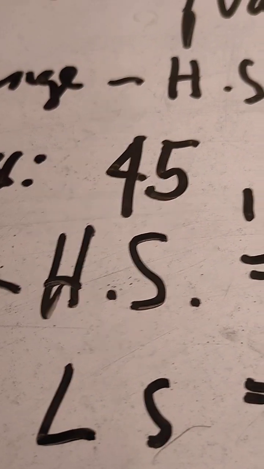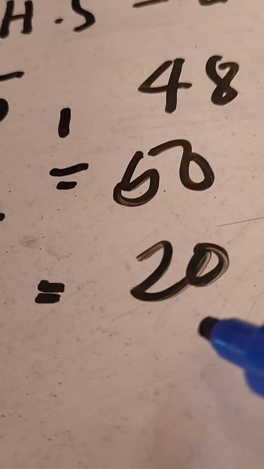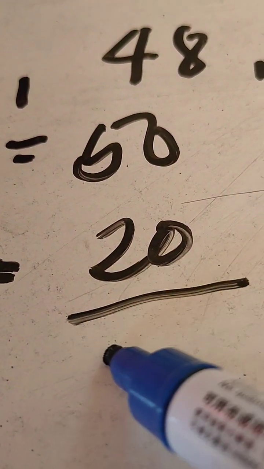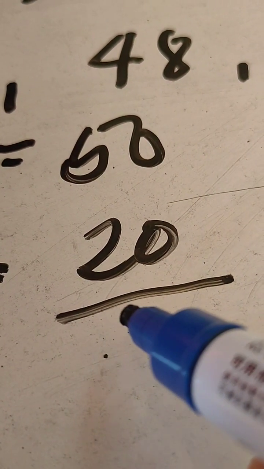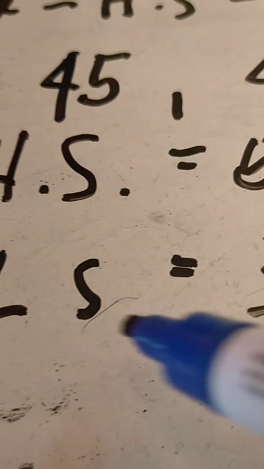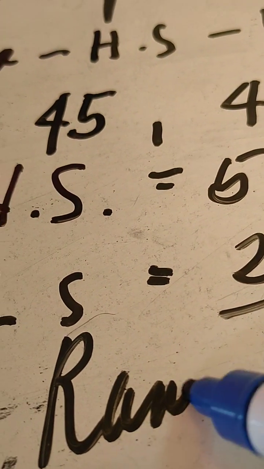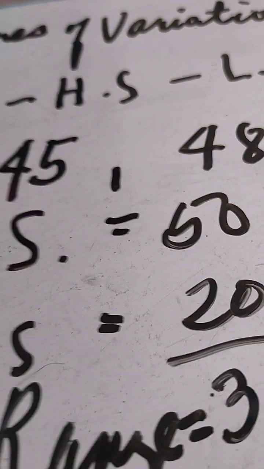So what is the difference? 50 minus 20 is 30. So this is our range of the given data.